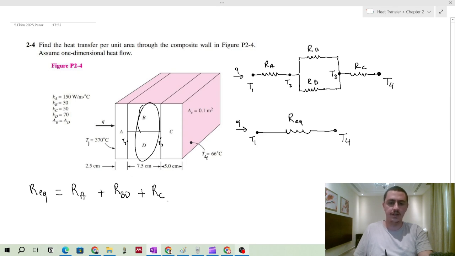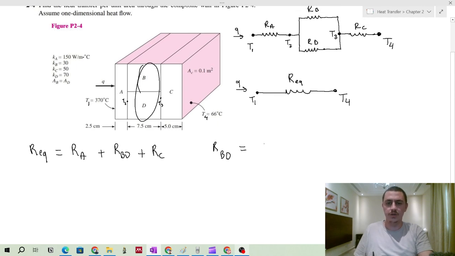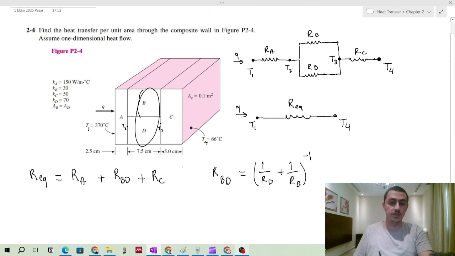And RC. How do we know RBD? RBD is in parallel connection, so that will be 1 over RD plus 1 over RB, to the power minus 1. That will correspond to RBD.